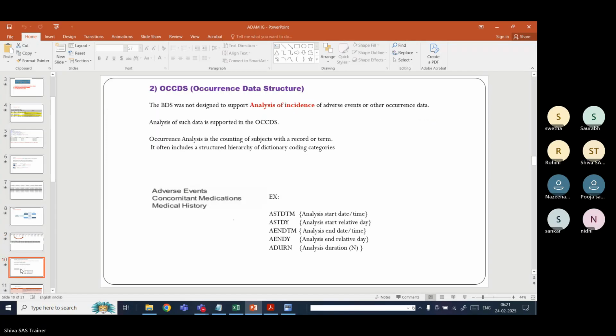Okay. So, occurrence data structure. Something that happened during the clinical trial, incidents, that information we included in the OCCDS data sets. Most of the OCCDS data sets are adverse events, concomitant medication, and medical history. The important variables are start date and time, study days, end date and time, study days, and duration.